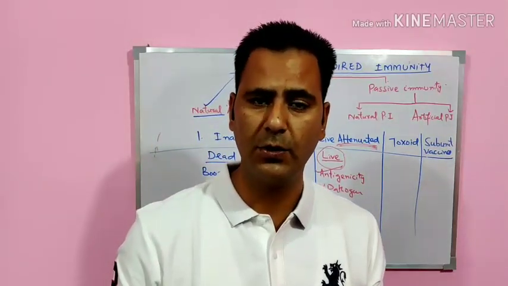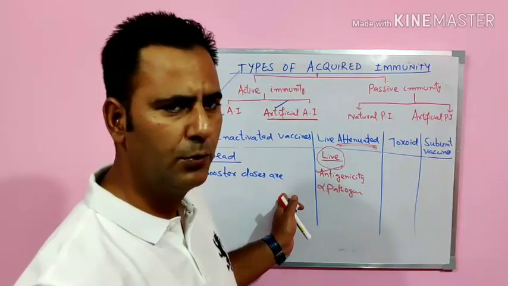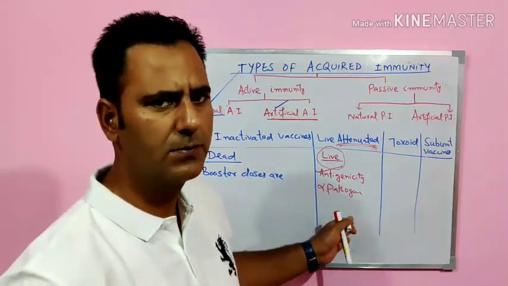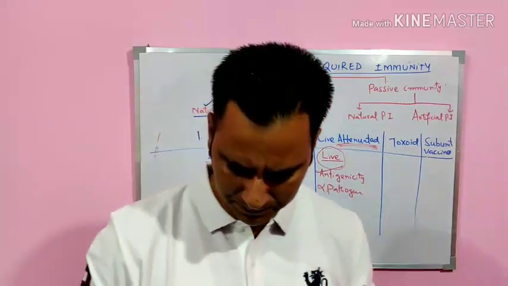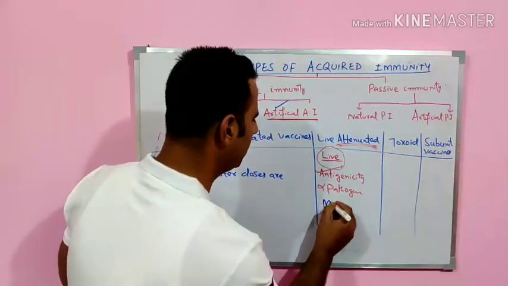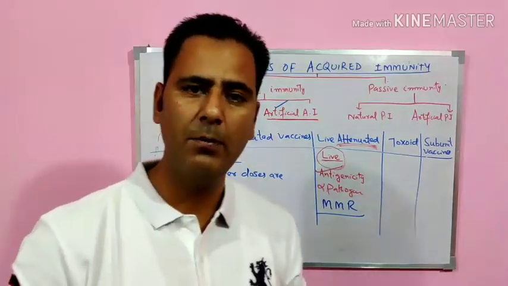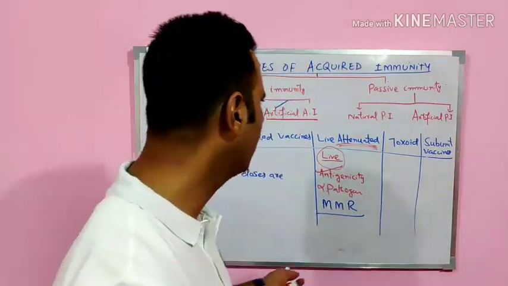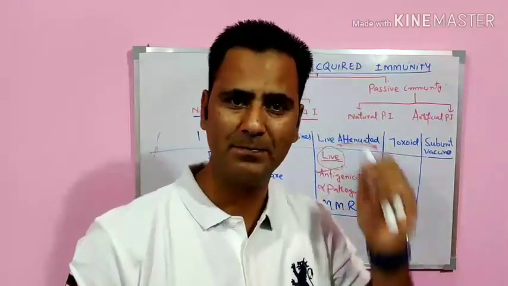Frequent booster doses are not required. They can produce an immune response that will last for a much longer period as compared to inactivated vaccines. In this case we have the measles, mumps and rubella vaccine, MMR, which is one example of live attenuated vaccines.